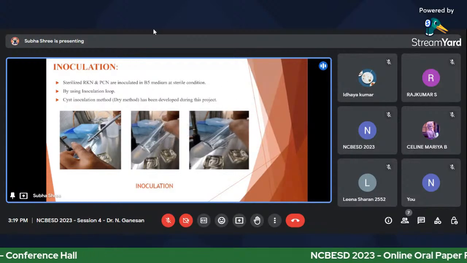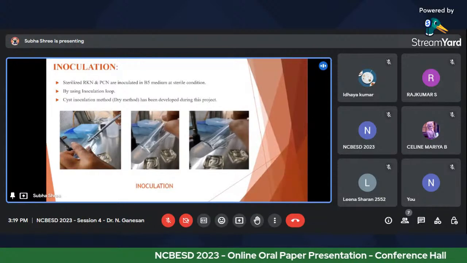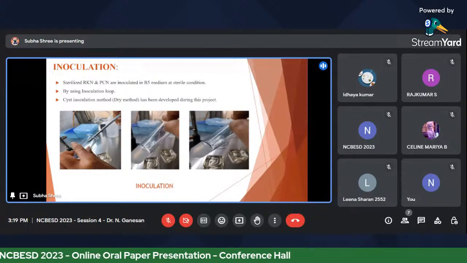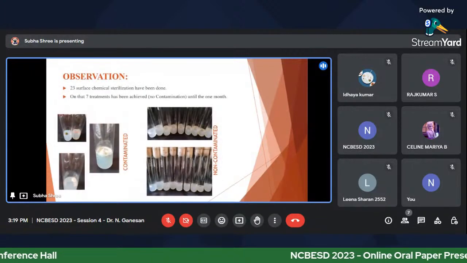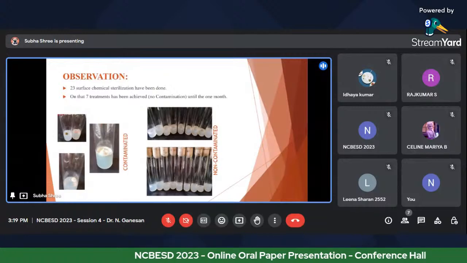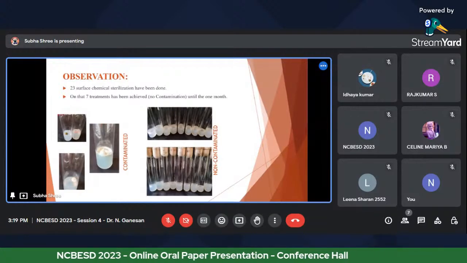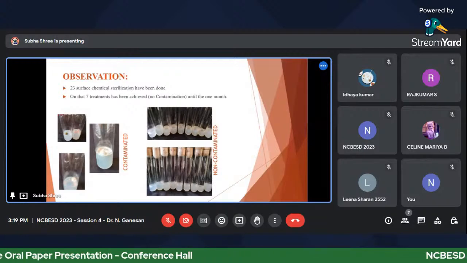The dry method means completely drying the cyst and egg masses. If we inoculated along with water, it could carry contamination. Observation after the 23 surface sterilization treatments: after 11 days I got contamination, and 7 treatments remained uncontaminated until 1 month.